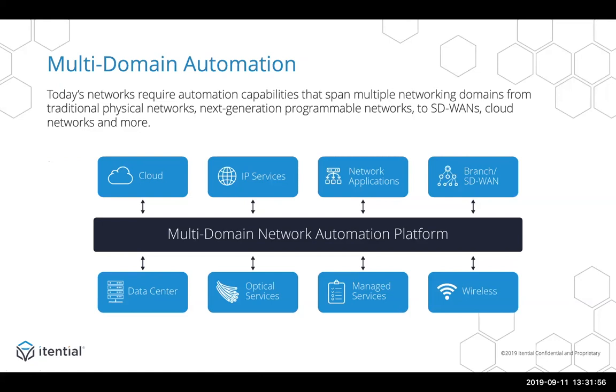Especially with the last ONUG show we were at, where SD-WAN 2.0 was a large discussion topic within our working group, it really spans multiple domains. So future state network services are not going to just stay in the data center or just be cloud centric. They're going to be a combination of these domains for the challenge that you're trying to solve.